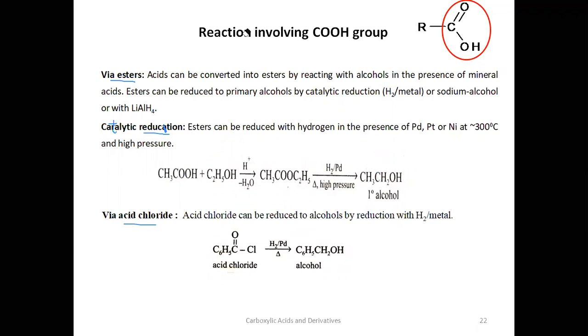What will happen when we do this? Add alcohol, this OH will be replaced with OC2H5 from this alcohol, forming an ester.